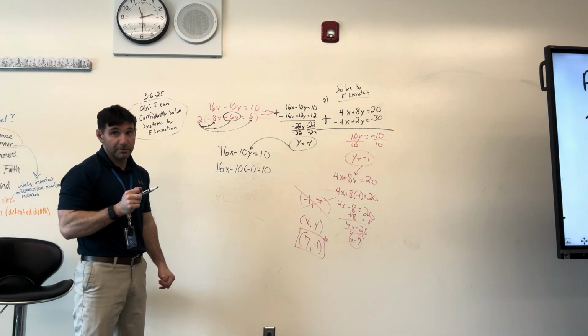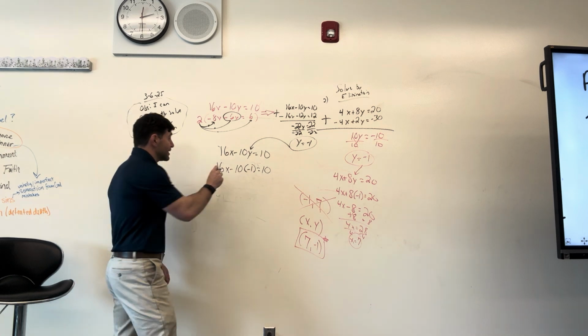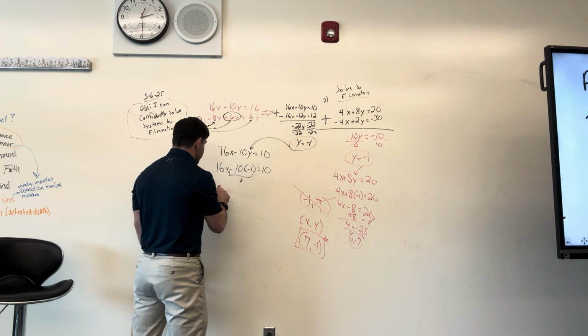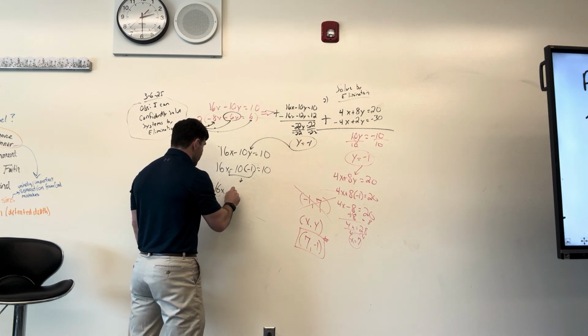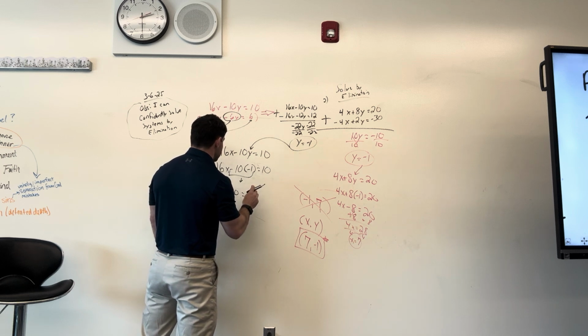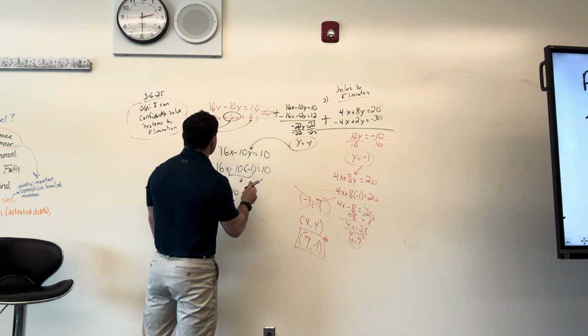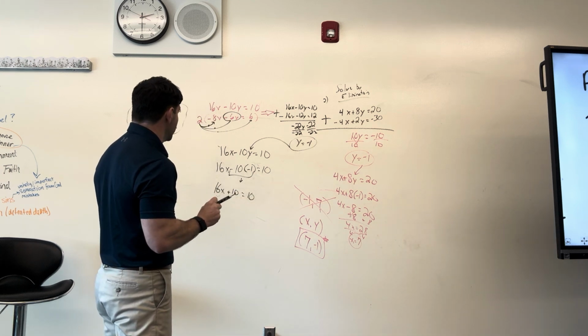With me there? Negative 10 times negative 1, that's multiplication. 16x drops down, plus 10 equals 10. That's not right. Hold on. What did I just do? What did I do wrong?